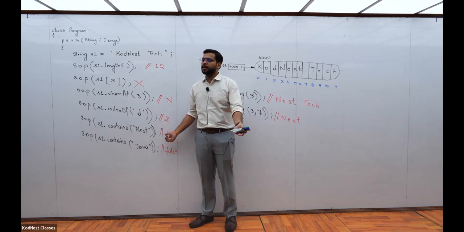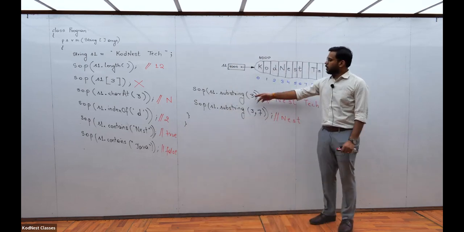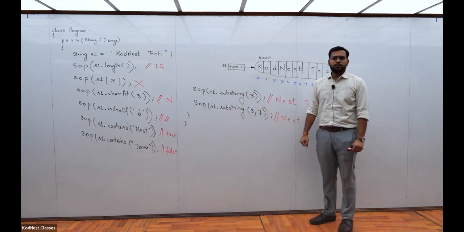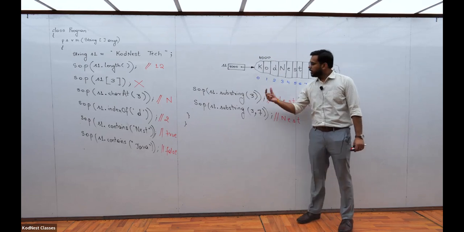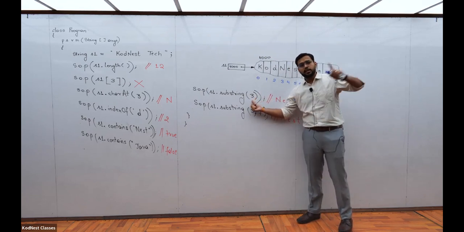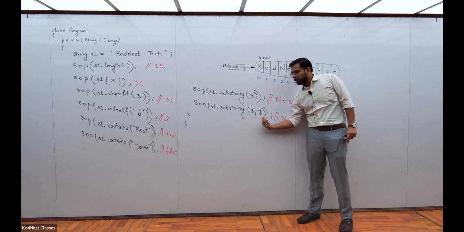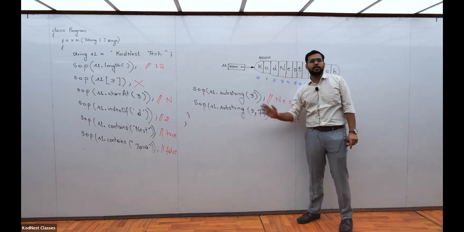If it is not present, it will return false. Like this, what will the substring method do? It will return a substring from that particular index until the last index. If you are giving two parameters, starting position, ending position -1.